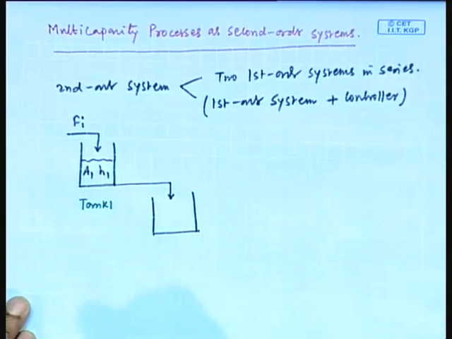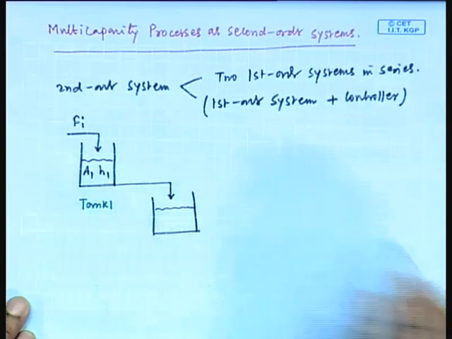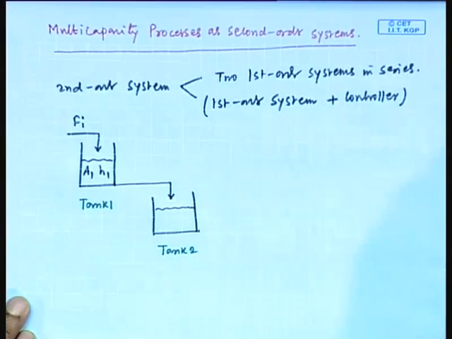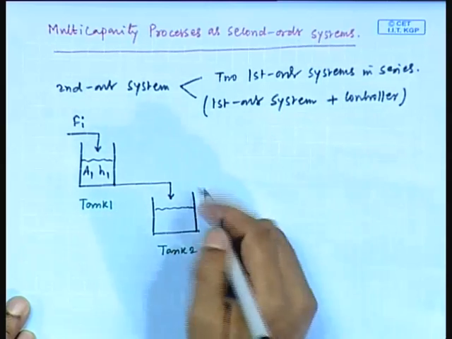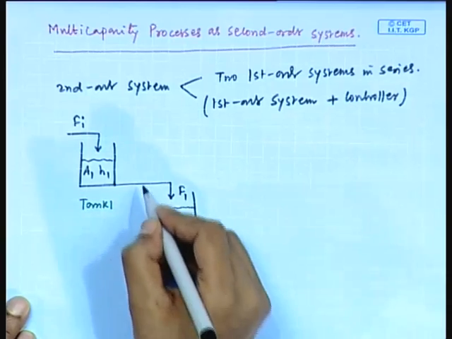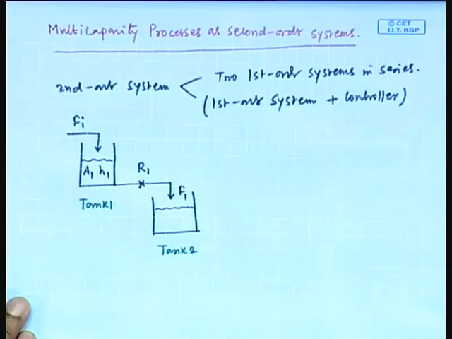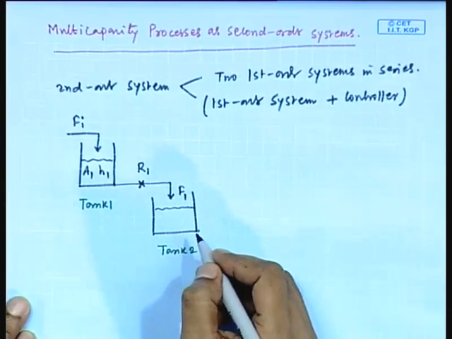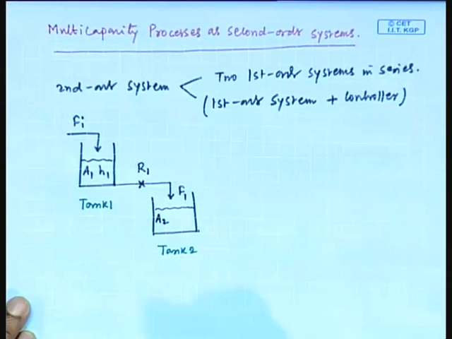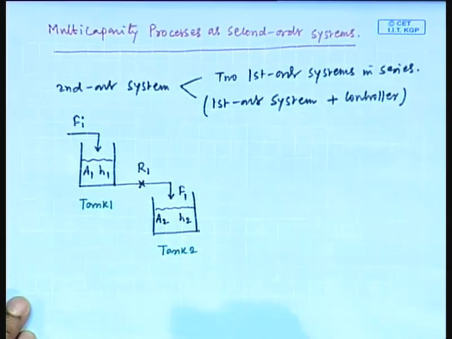The output of tank 1 enters tank 2. This is tank 2 and this flow rate is suppose F1. Here resistance to flow is say R1. In the tank 2 we consider the cross sectional area A2 and liquid height H2.